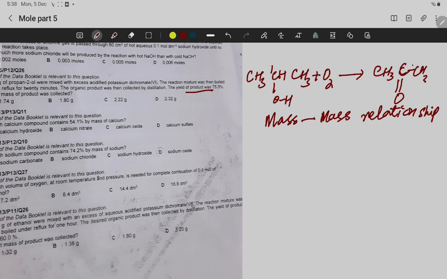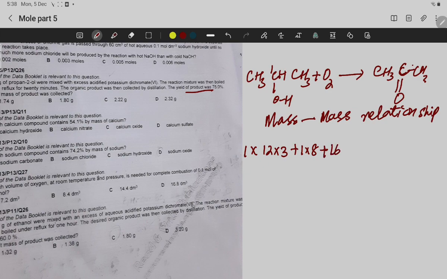We know that 1 mole of propane-2-ol produces 1 mole of ketone. So for 1 mole of propane-2-ol, the molar mass is 12 into 3, plus 8 hydrogen, plus 16 for oxygen.